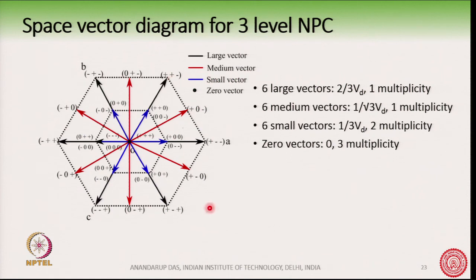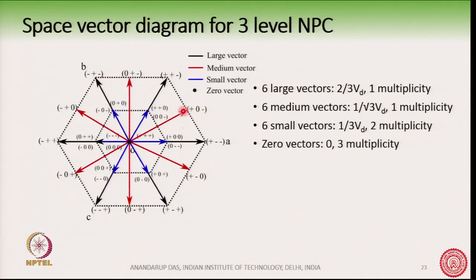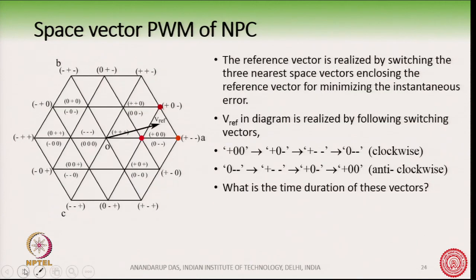In many cases, in the book or in the literature, you will find that these vectors are often joined by lines, and such a space vector diagram is often shown.